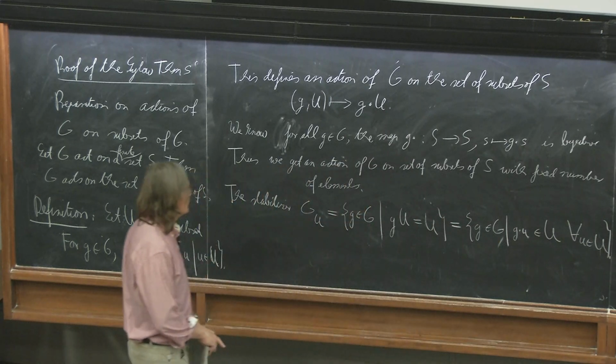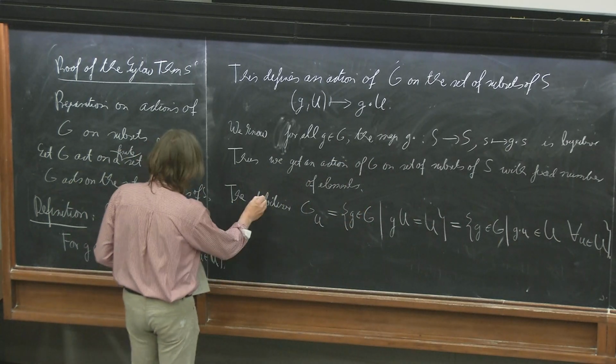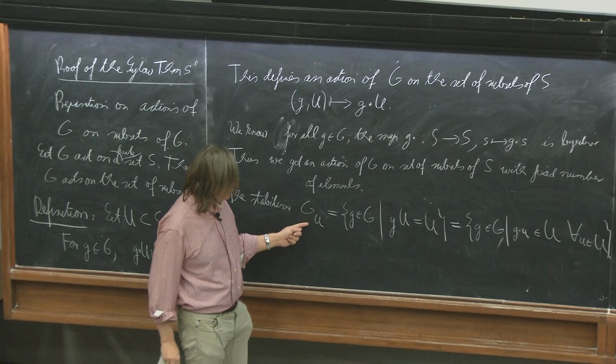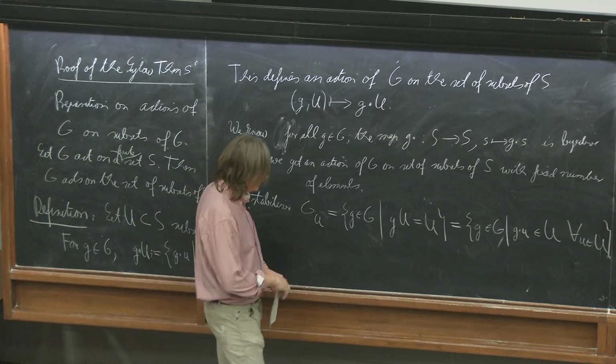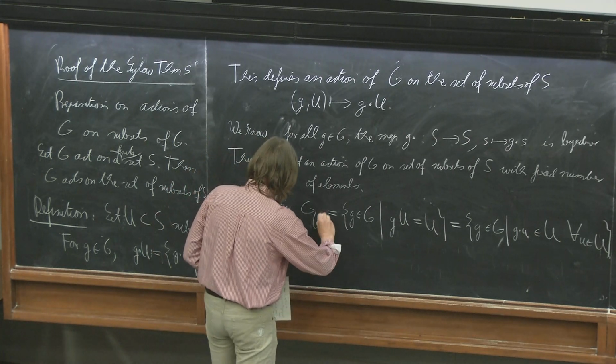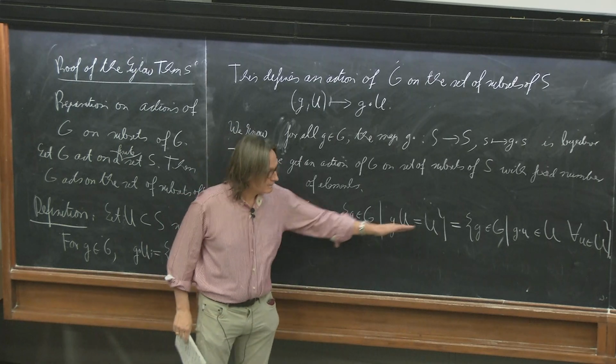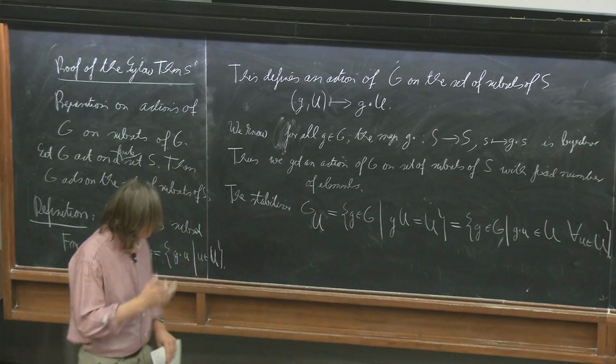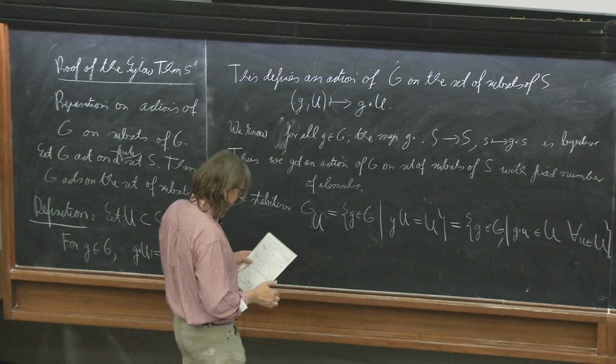Okay, so this is the stabilizer for this action. So it's not that every element of U is sent to itself, but that U is sent into itself. Okay, this is the stabilizer.